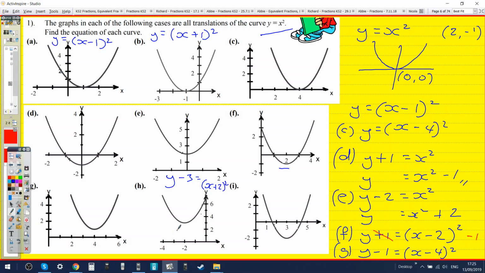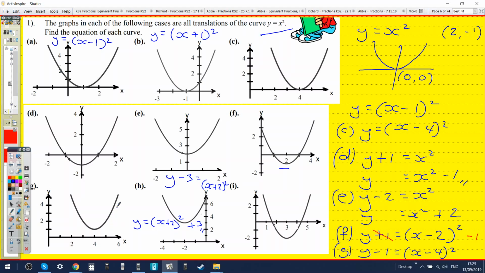And then y equals x plus 2 squared plus 3. That's it. And that's why what's in the bracket is the x and what's outside the bracket is the y. It's also why the x has the opposite sign and the y has the same sign, because it was originally the opposite, and then when you moved it, it went back again.